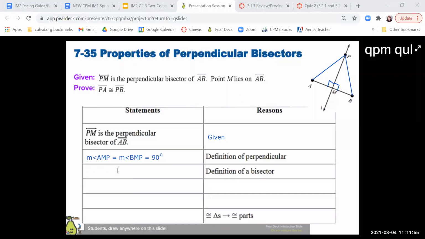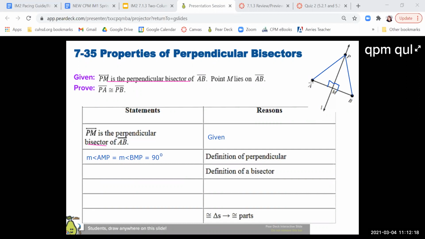So our next statement now is something that we can draw from this reason, definition of a bisector. So remember in our given up here, that PM is a perpendicular bisector of AB. It's a bisector. And a bisector slices something in half.